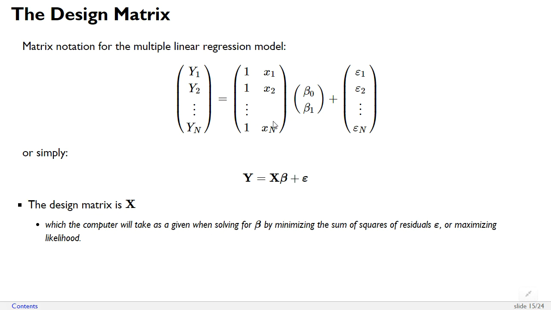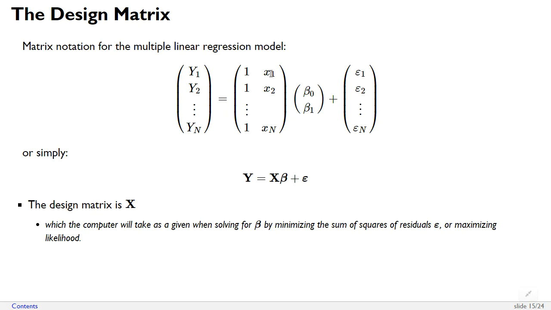So all this does is each row here tells you what your systematic and residual components of y are according to your model. And in this formulation, the design matrix is this X matrix. So it is the matrix of your actual data.